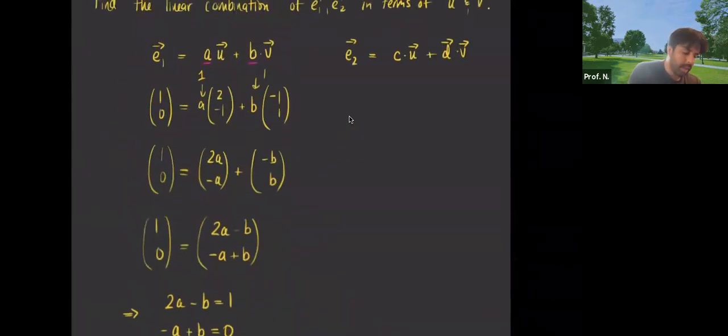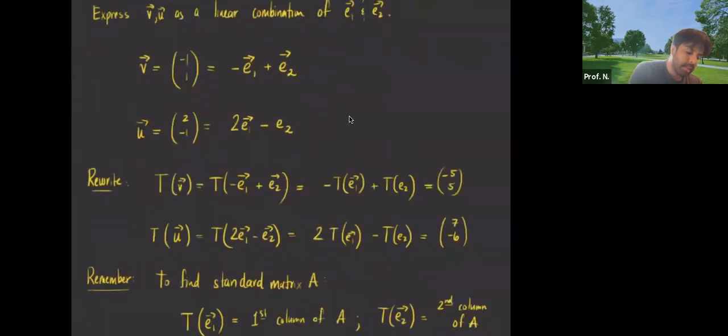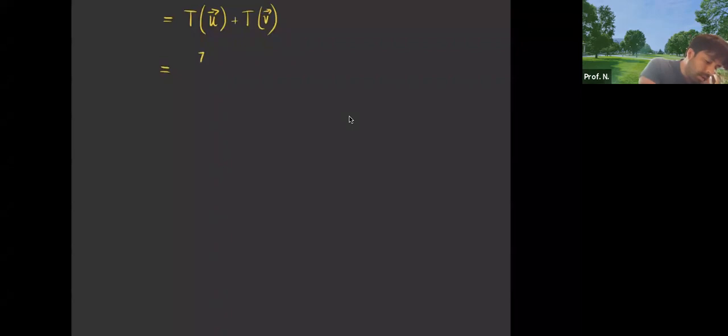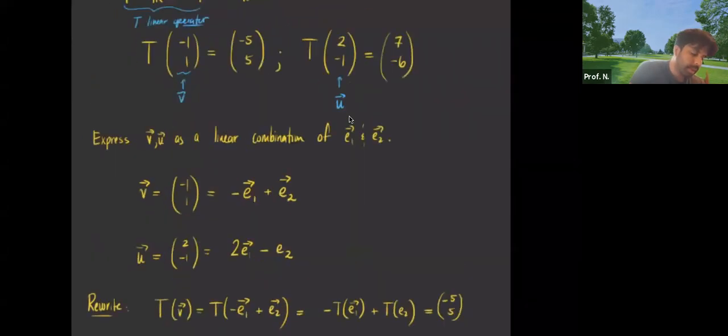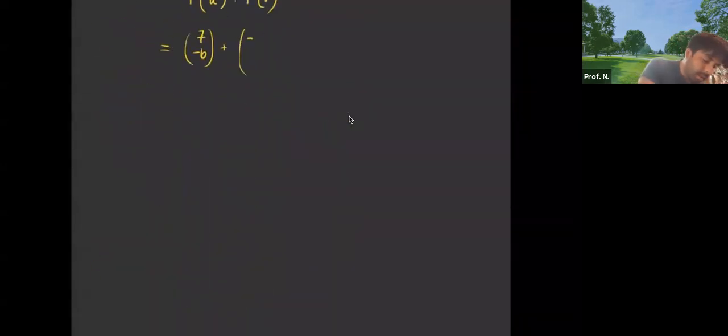And why is that good? Because I know what T of U is. I'm given that in the beginning. T of U was 7, negative 6. I know that T of V was negative 5, 5. So when I add these vectors up, I get 2, negative 1. And that was T of E1.